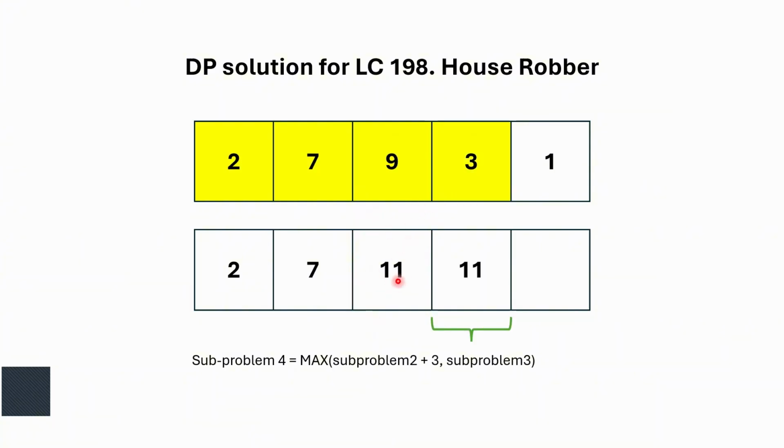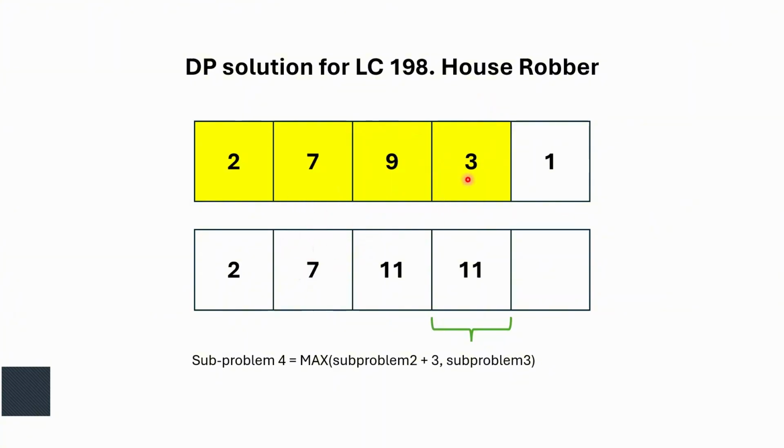And then for subproblem 4, again, we ask ourselves, what is the maximum amount of money that I can get up to the fourth house? So robbing from the first to the fourth house. Again, we have 2 decisions to make. We either rob this house and then rob everything up to the second house, skipping the third house because it is an adjacent house, so we cannot rob these 2 houses simultaneously. That gives me 7 plus 3, which is 10.